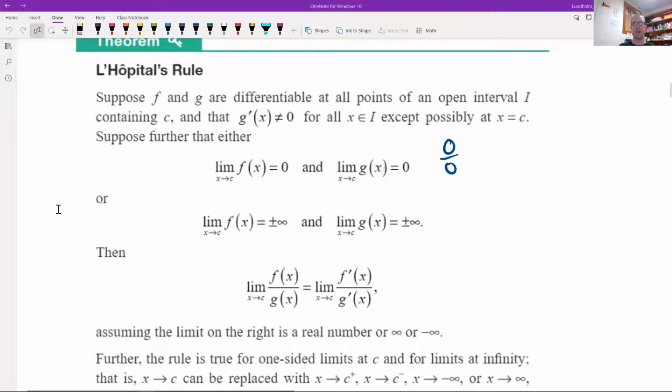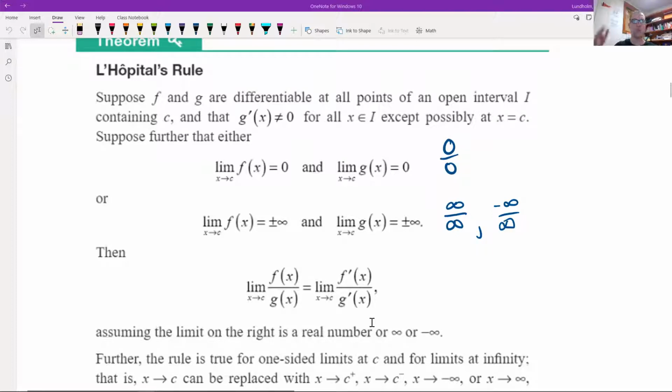But this framing of L'Hopital's rule also includes indeterminate forms that look like infinity over infinity, or negative infinity over infinity, or throw a negative sign wherever you want. These are also indeterminate forms where we can apply L'Hopital's rule, which just boils down to taking the derivative of the top and taking the derivative of the bottom individually.